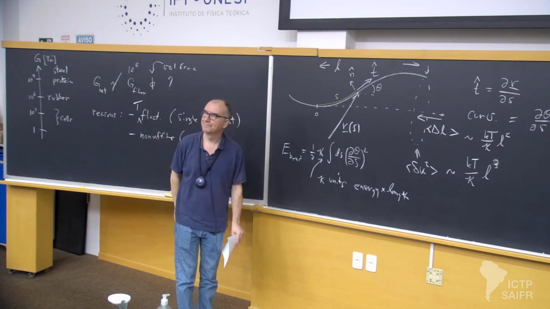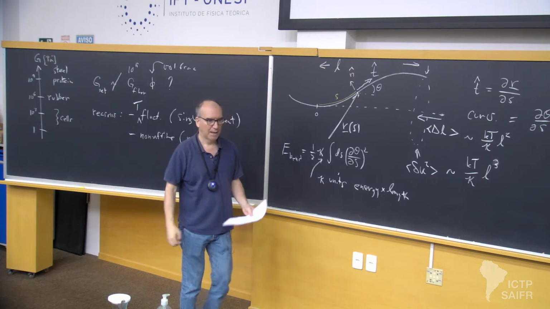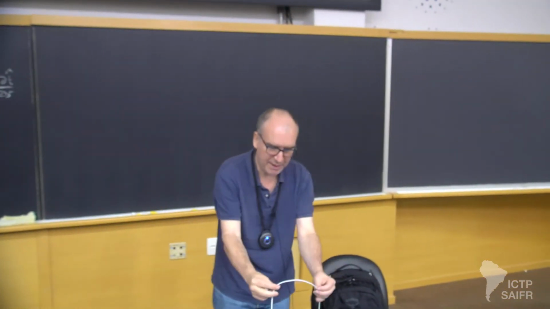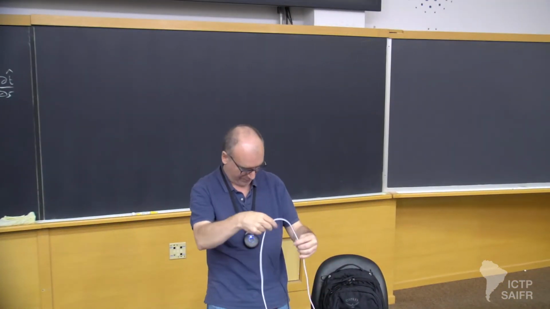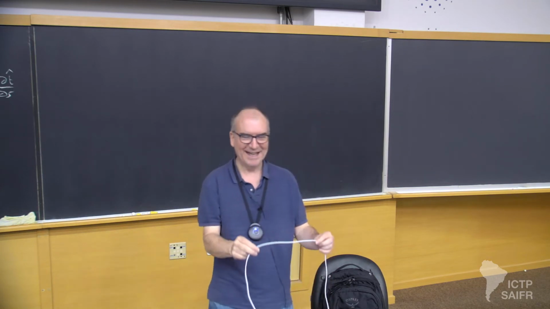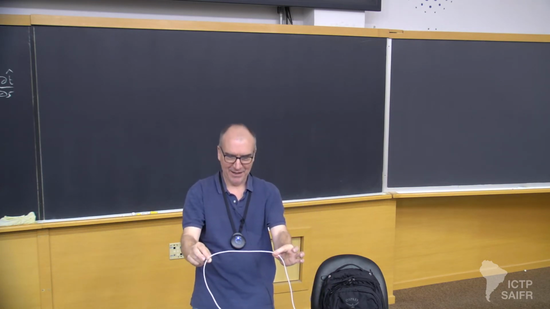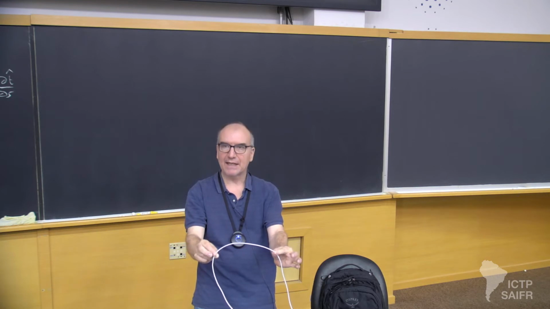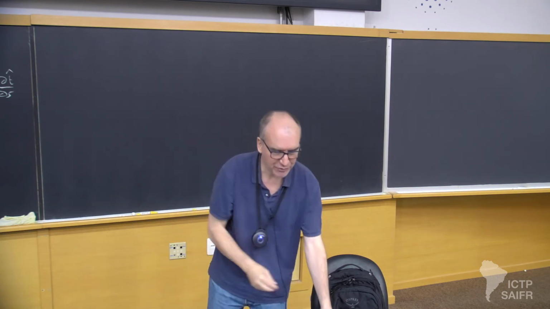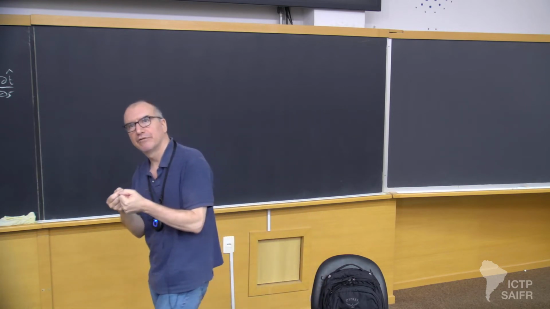Yes? I didn't quite understand why you said that when you turn on temperature, you only shrink. Yeah, so if I'm not extending the backbone, sorry, can you see this? Yeah. So if I deflect laterally, I only move the ends together, right? So it's strictly contracting due to fluctuations.